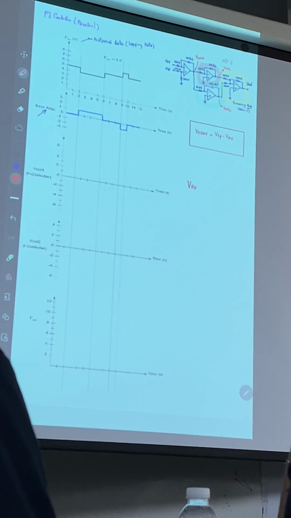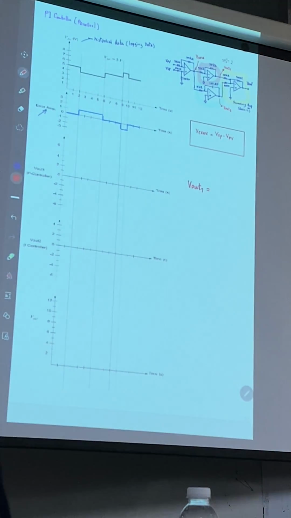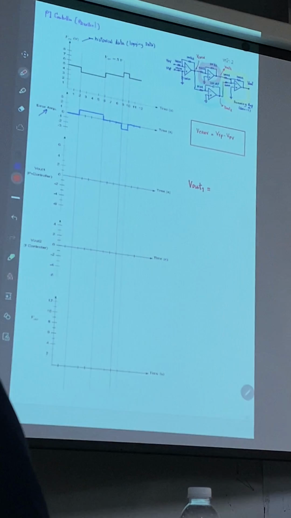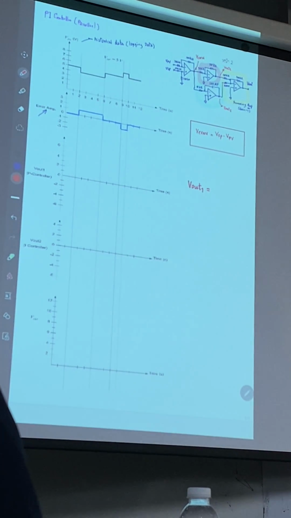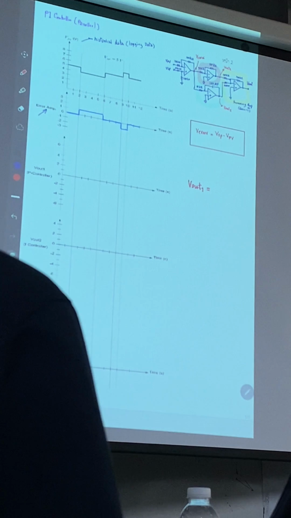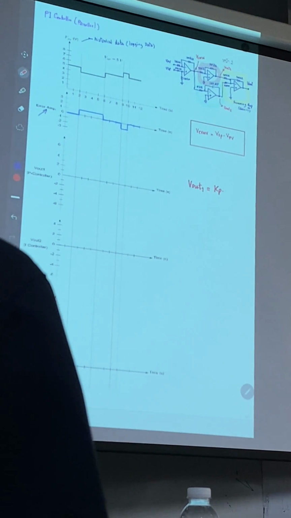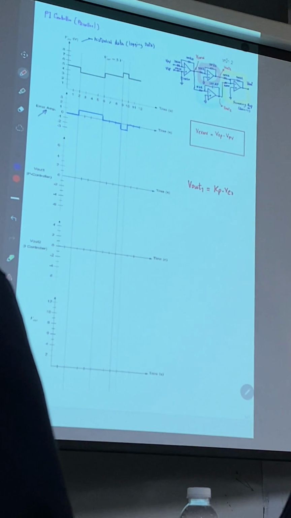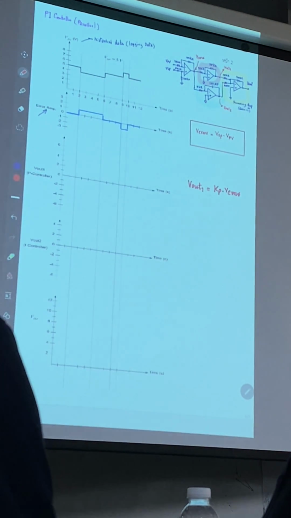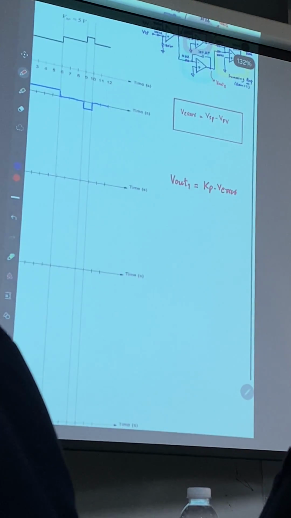So V out 1 should be equal to gain multiplied with input. Input of this circuit is the error, and what is gain? Gain is RF divided by RIn. So we have KP multiplied with V error.